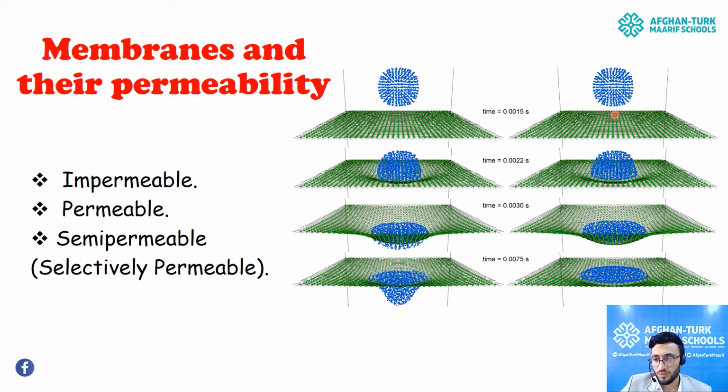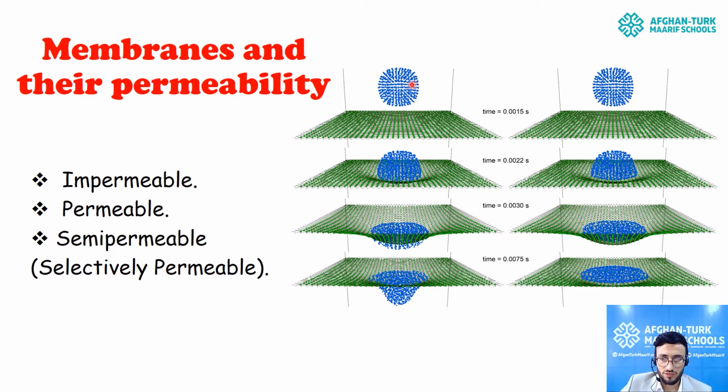As you see in this picture, there are two layers. It means there are two membranes that face one type of substance. As you see in this diagram, the substance passes through the membrane. So this is called a permeable membrane.